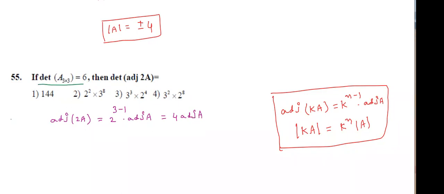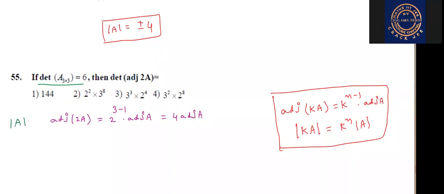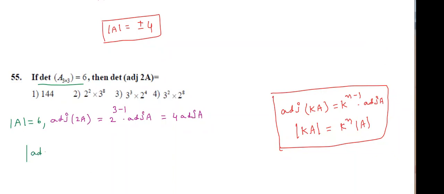Det A value 6 given. Det A is equal to 6. Now we need to find det of adjoint of 2A. And adjoint of 2A value is 4 adjoint A. Next, this is 4 cube into det of adjoint A.